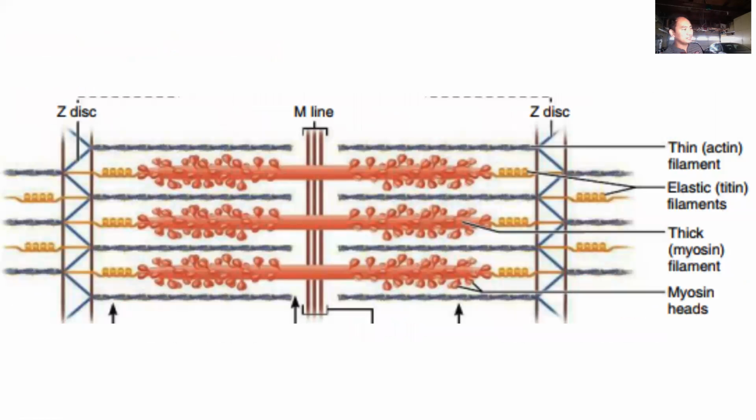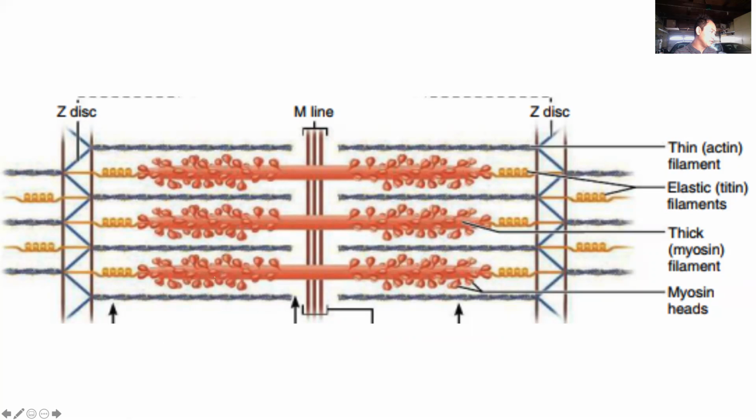So let's look at this picture. We have two Z's. The Z line or Z disc marks the boundary of a sarcomere. Inside, you will see the big fat myosin and small, thin actin. Actin is active and thin.